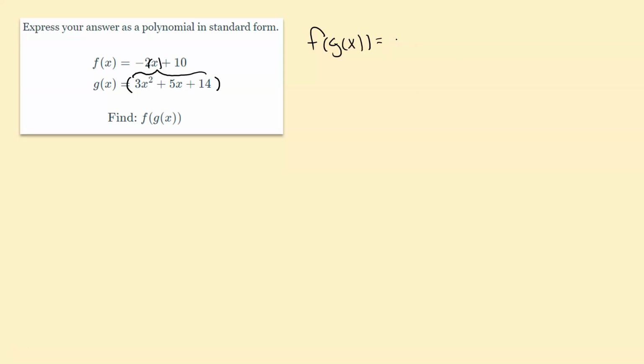So we want to take our f of x function, -2, and then where the x is, we want to plug in that g of x function. So I'm going to first write it like this, so you get the idea. And then next, I'm going to take all of this, 3x squared plus 5x plus 14, and plug all of that in there.